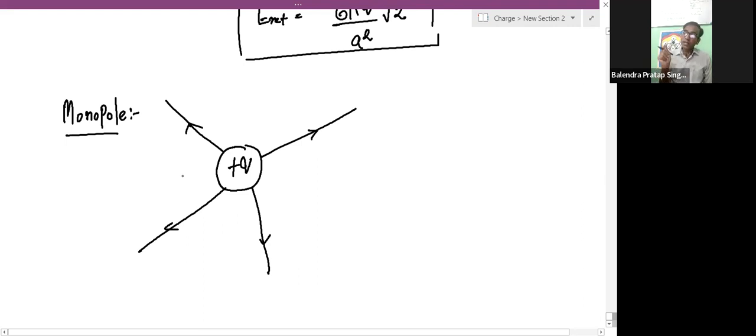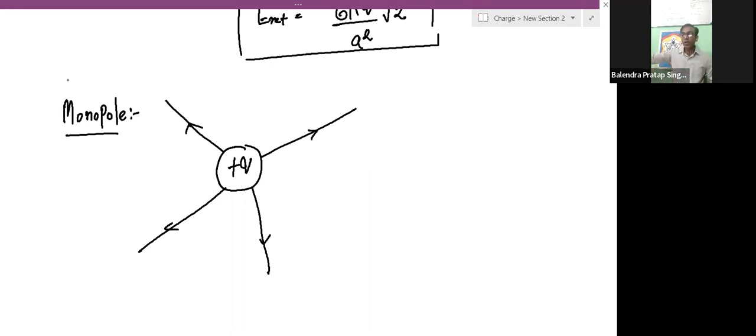But what about the magnetic field? Does a monopole exist in the magnetic field? Anyone? Saifullah, what do you think? A monopole means it has only one source of field.